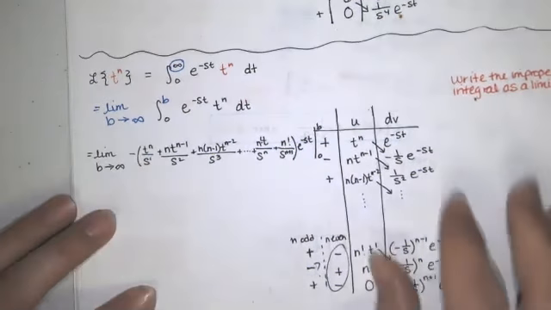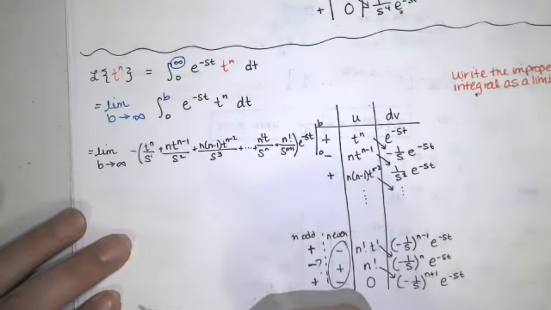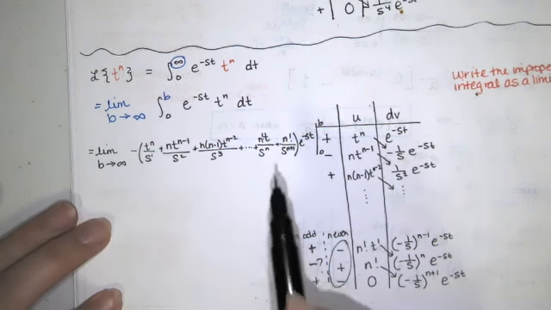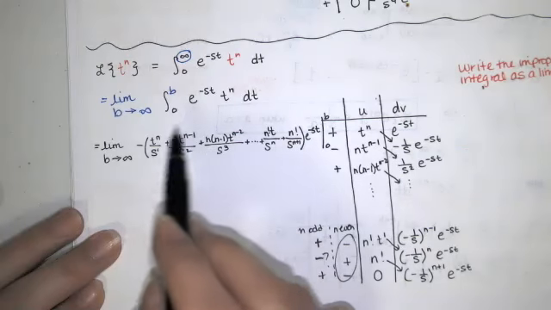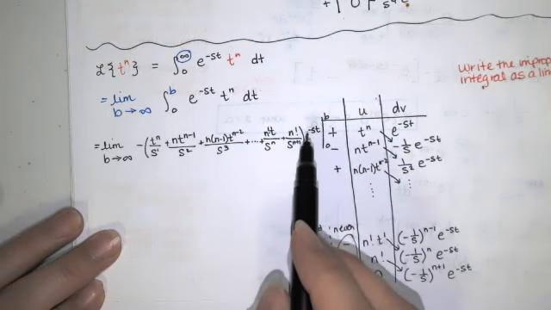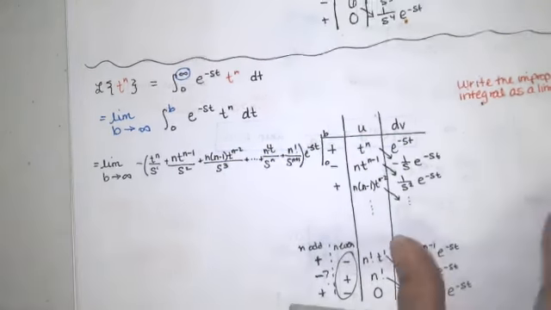But that's what you'll get after you do the integration by parts. Now, if you plug in b to all of this, you end up with an nth degree polynomial in b times e to the negative sb. And I think I need more space, so I'm going to use another sheet of paper.